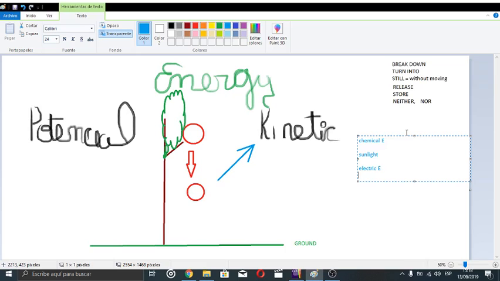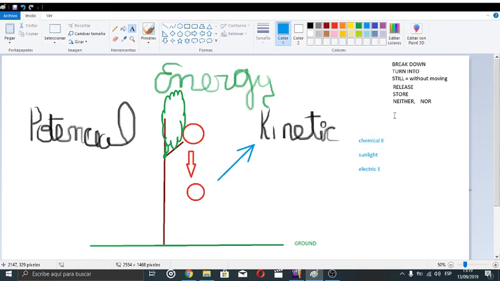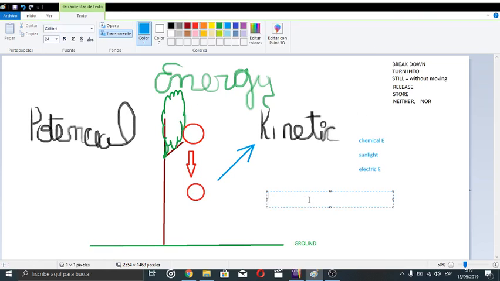Finally, we have to talk about the law of the conservation of energy. I'm going to write it down here.